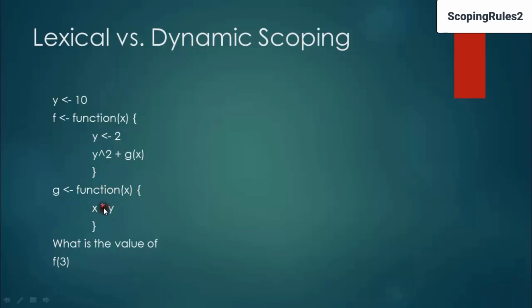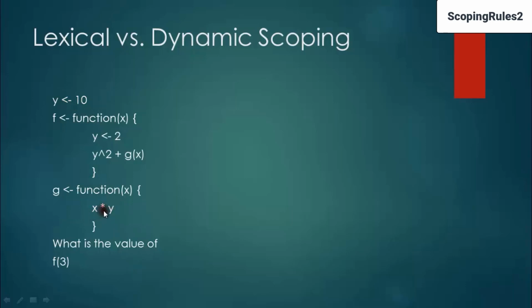So 3 star y, and this y value will be taken from y equal to 10, because the y equal to 2 is within these brackets only. It's local. So outside the function, the value of y will be 10, which will be used for this function.